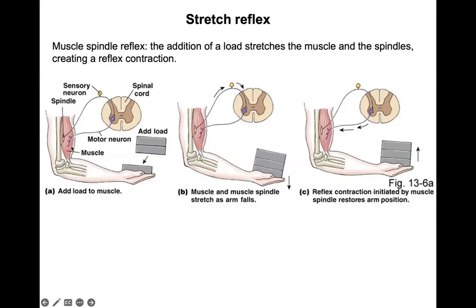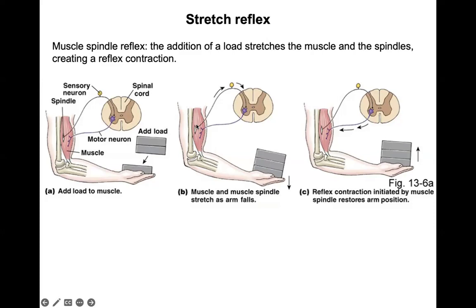So what happens here is, let's imagine the first load when it's pushed to your hand. The load's pulling your hand down, right? When the load is pulling your hand down, it stretches this muscle right here. When this muscle is stretched, a similar thing happens: the stretch reflex. It's going to activate the muscle spindle.